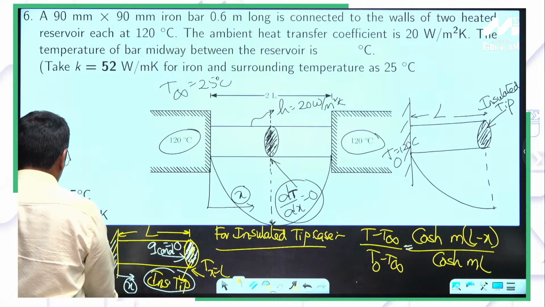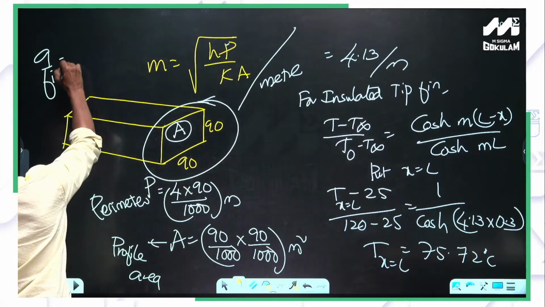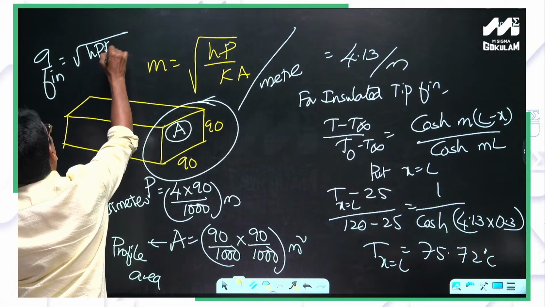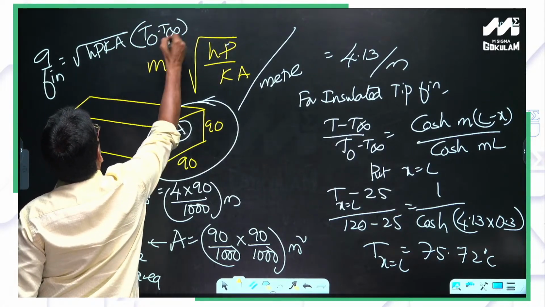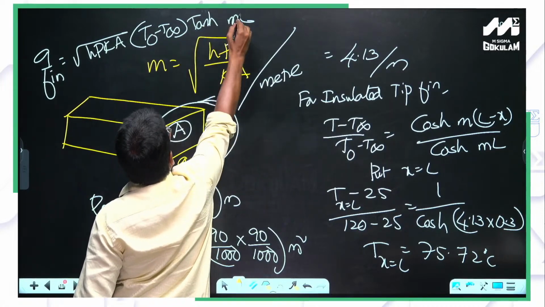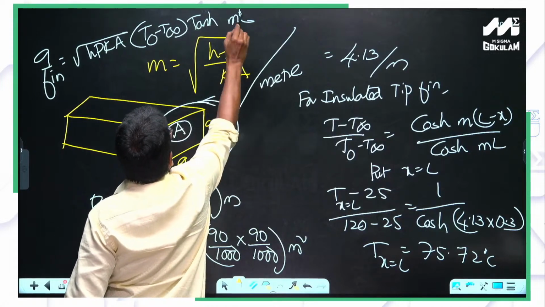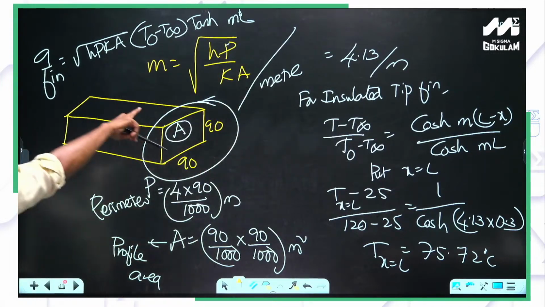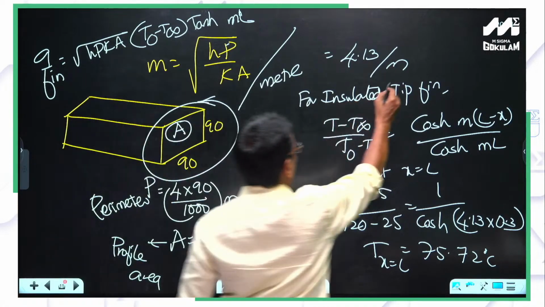It will be square root of (h P k A) into (T0 minus T infinity) into tanh mL. This is a hyperbolic tan, just like the hyperbolic cosine, where L is the length of the fin. m is given by root of hP by kA. Its value is 4.13 per meter.